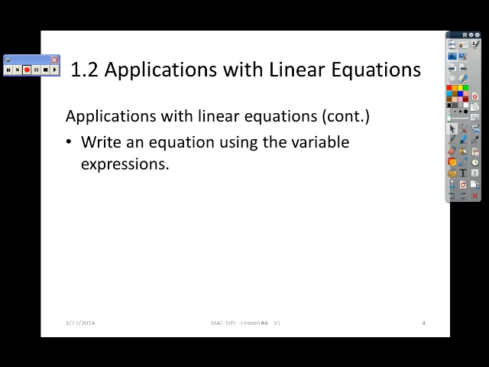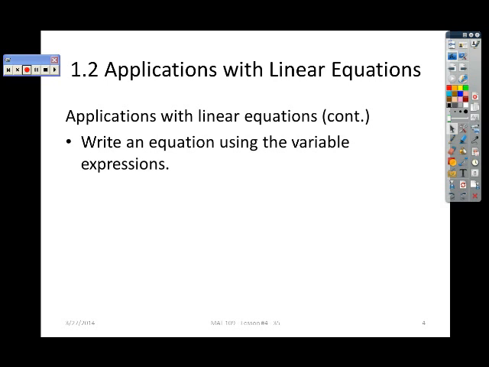With the variables that you've assigned and with the information of the key words that you've identified, write an equation or equations. If you have multiple variables, you'll need multiple equations describing what you have to solve.